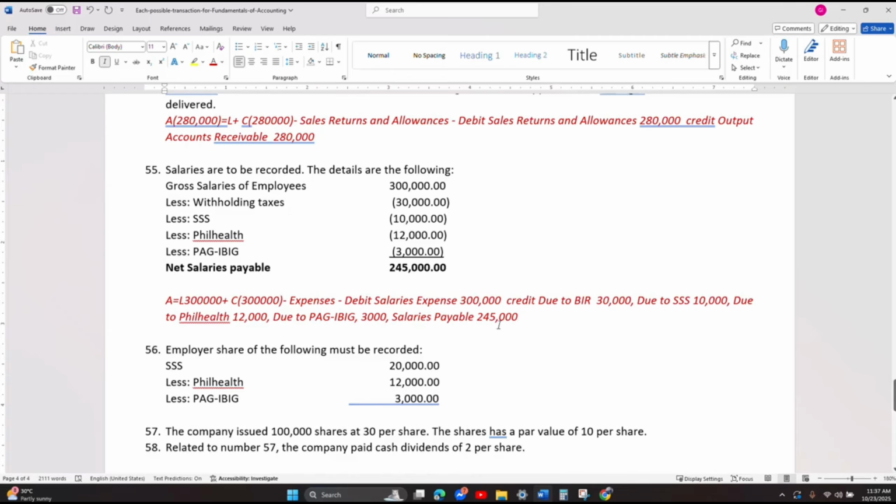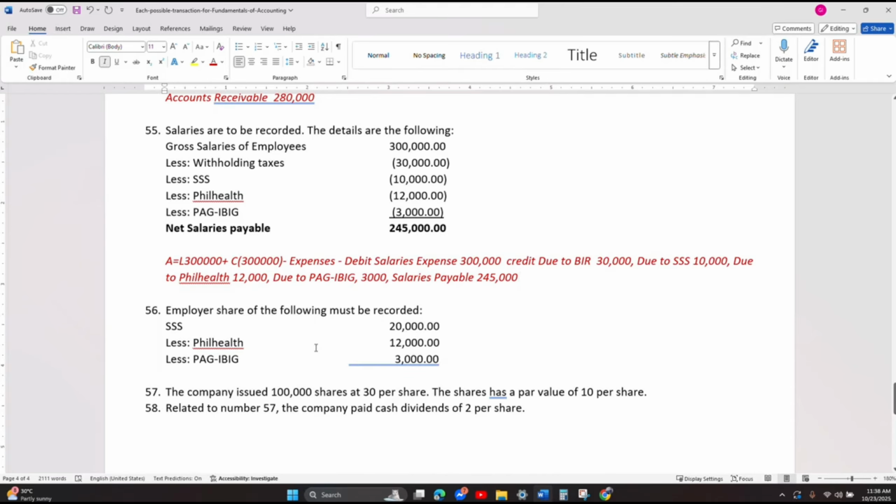Now, if you are going to pay this, for example the salaries payable, the entry would be salaries payable debit and then credit cash. Something like that. And the due to BIR, if BIR will collect, due to BIR debit and then credit cash. That's it. On the due to SSS, PhilHealth, and Pag-ibig, there is a twist.